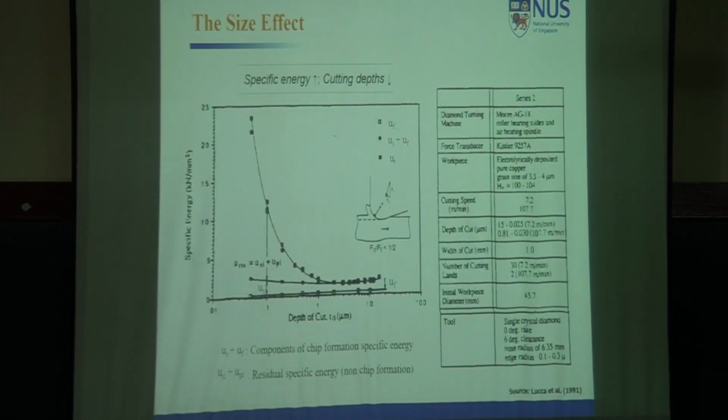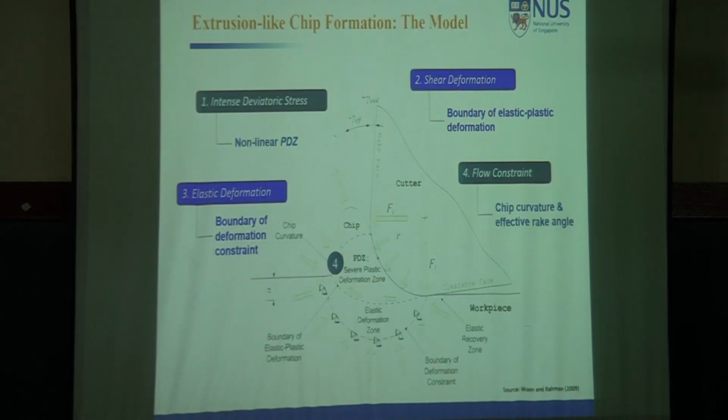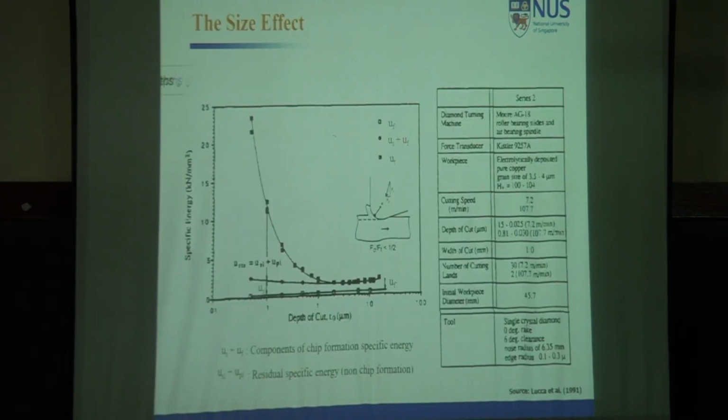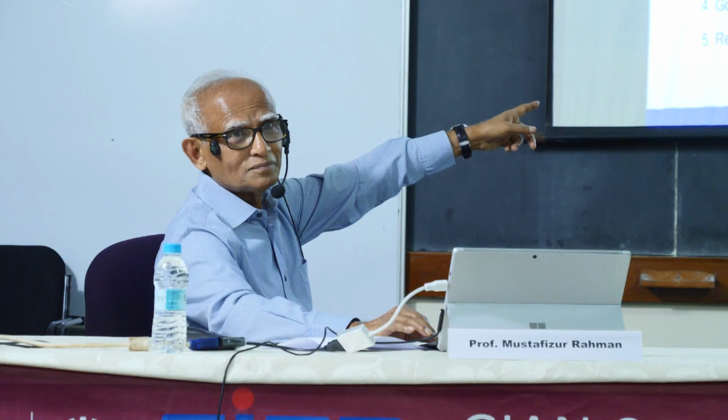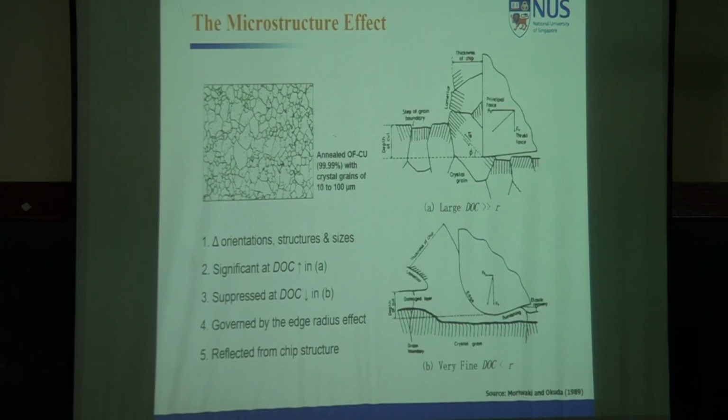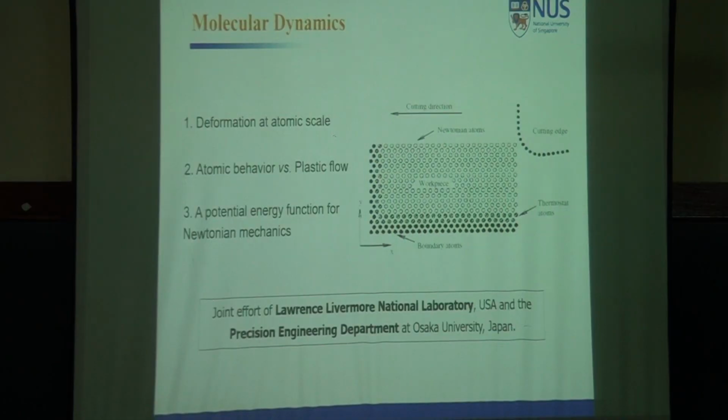Because my starting point was there. My starting point is here. Extrusion mechanism. Then you go to here, also extrusion mechanism. The top one is fracture mechanism. The bottom one, chip thickness is so little, it is extrusion mechanism.